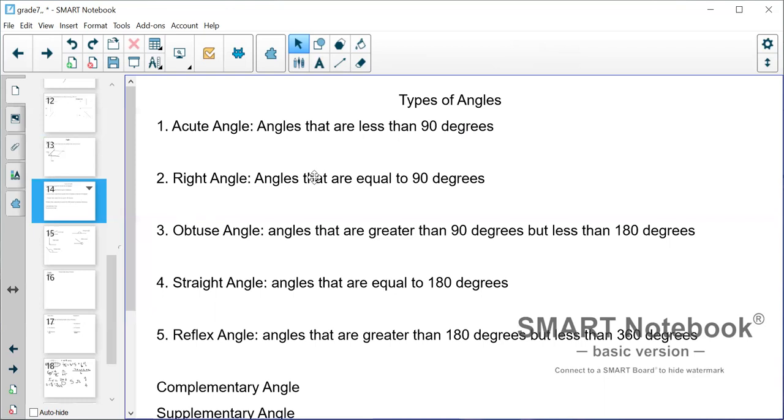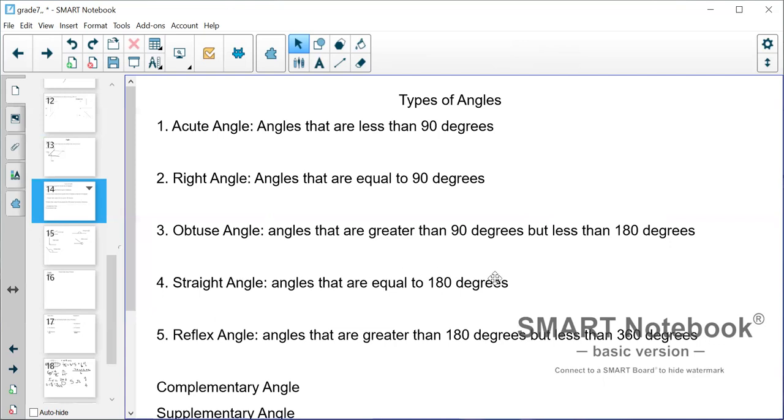Right angle is equal to 90 degrees. So this is exactly 90 degrees. Nothing more, nothing less. Obtuse angle now, these angles, they are greater than 90 degrees. So they are more than 90 degrees, but less than 180 degrees. So any amount falling between 90 and 180, we call them obtuse angle.